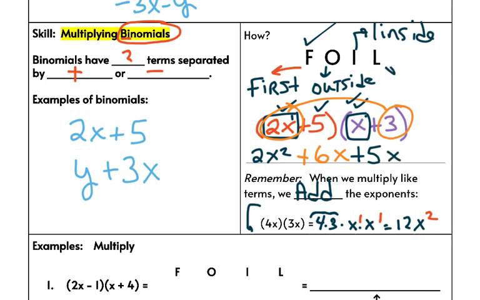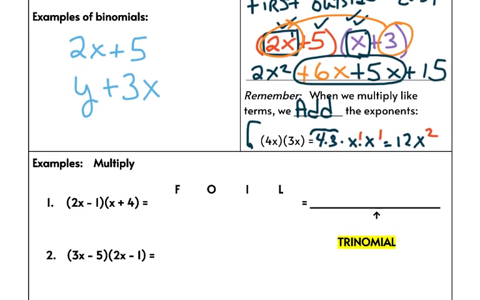And then L stands for the last terms in each binomial, which in this case would be the 5 and the 3. And we don't add them, we multiply. First, outside, inside, and then multiplying the lasts. And then we'll combine these like terms. 6 of those plus 5 of those is 11 of those.